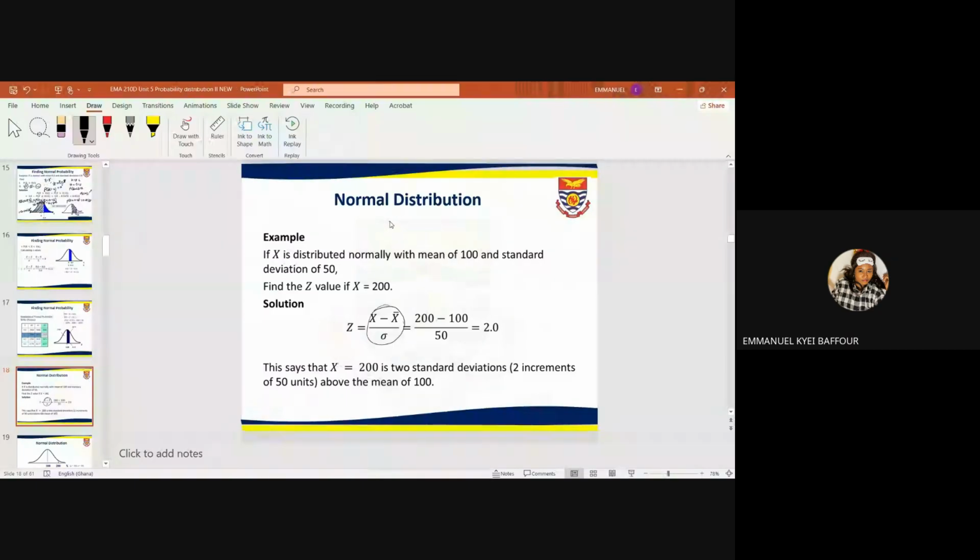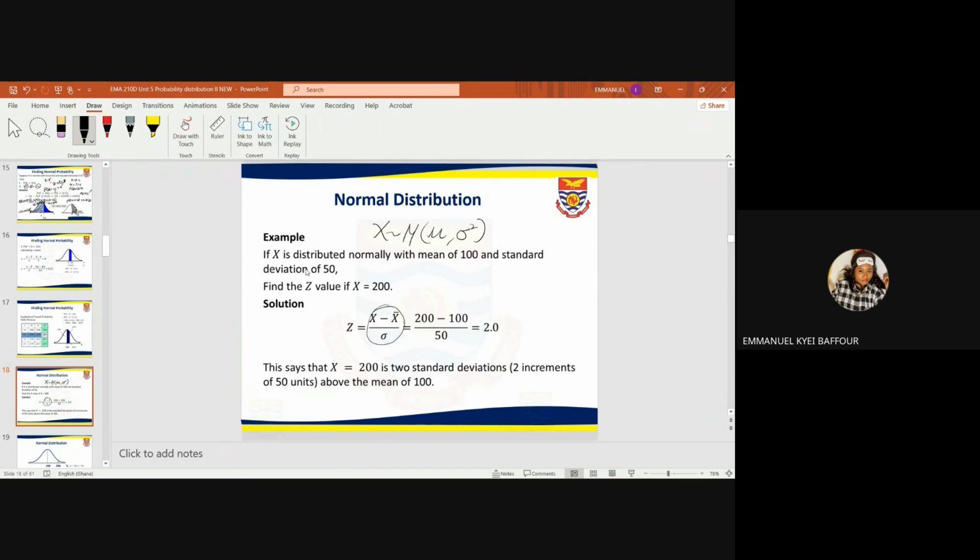So if you see them writing X is normally distributed with mu and sigma squared, then it means that X is normally distributed with mu as this and the variance as this.